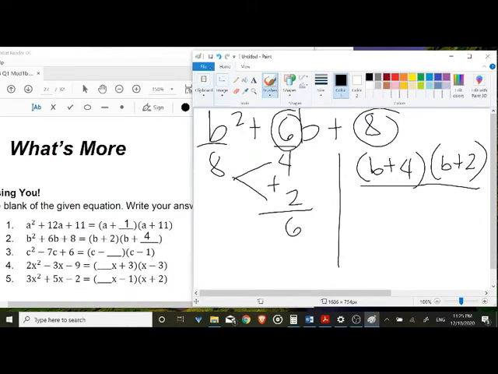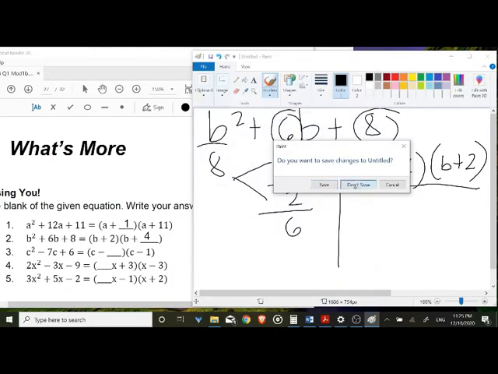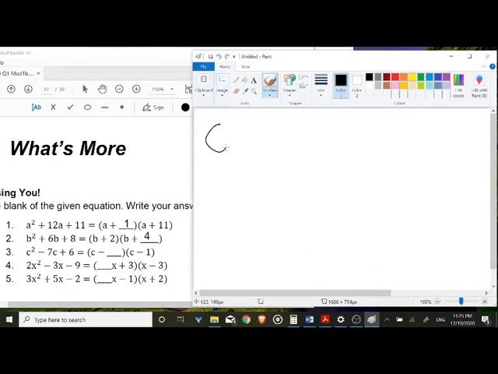Alright, proceed tayo sa number 3. We have c squared minus 7c plus 6. So, the leading coefficient natin ay 1 kasi c squared. So, let's proceed to investigate the factors of our third term or the constant. So, when we add, magiging negative 7. So, meron tayong 3 and 2.